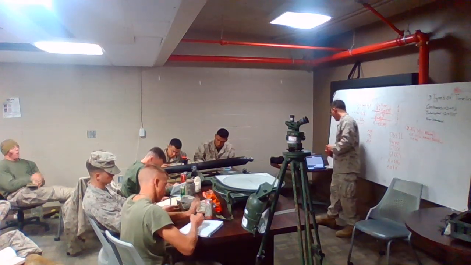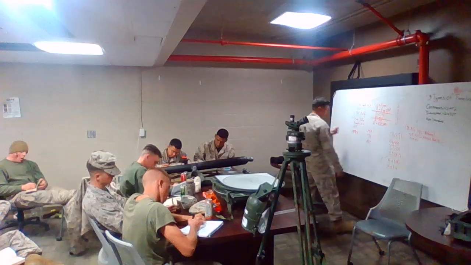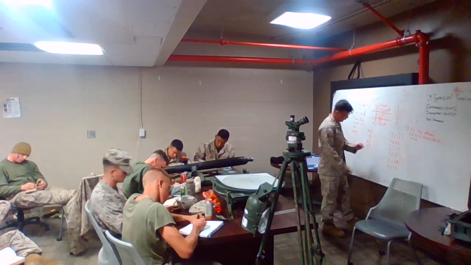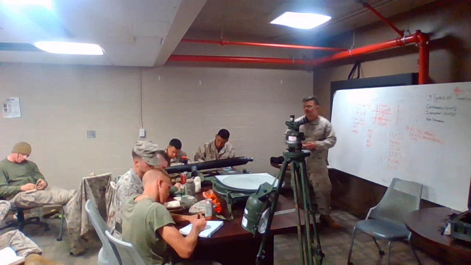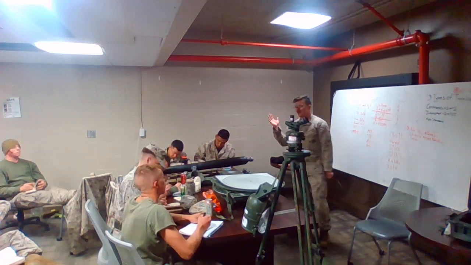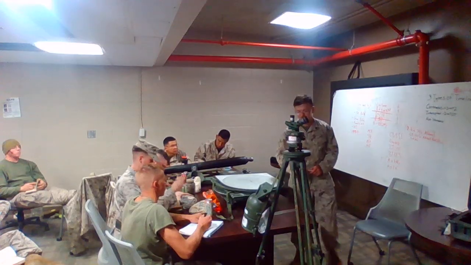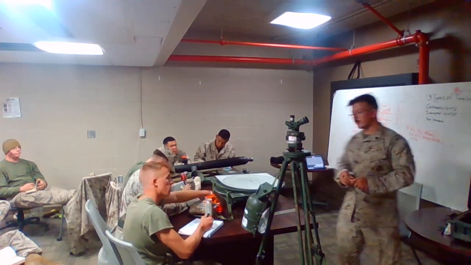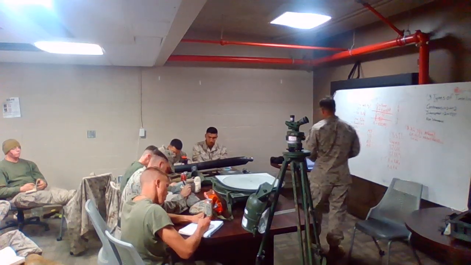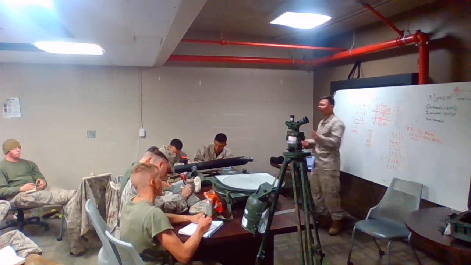Next is your method of fire. That's talking about your number of rounds in the adjust, your number of rounds in the effect. In addition, if you're firing, say, HE quick in the adjust and HE delay in the effect, you'll add that in here.